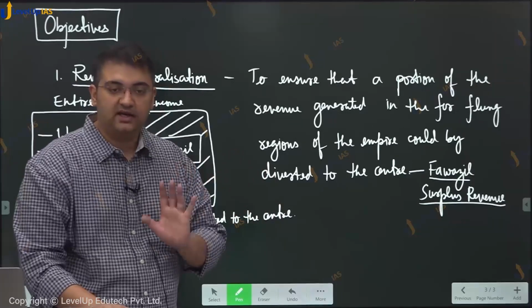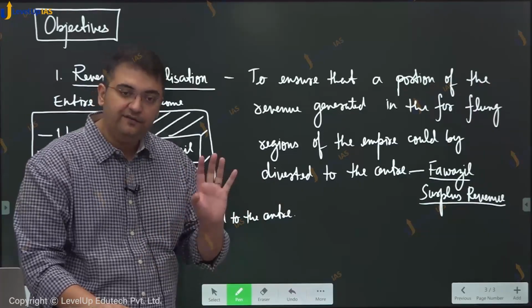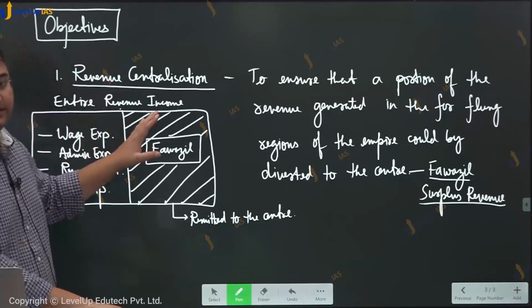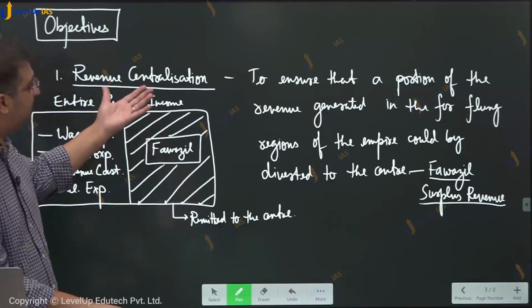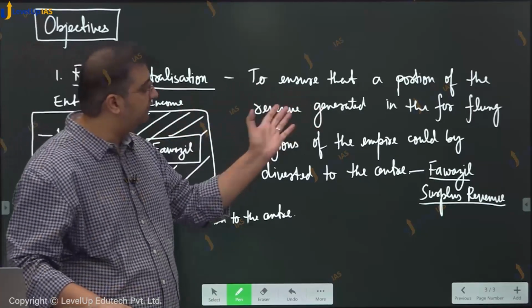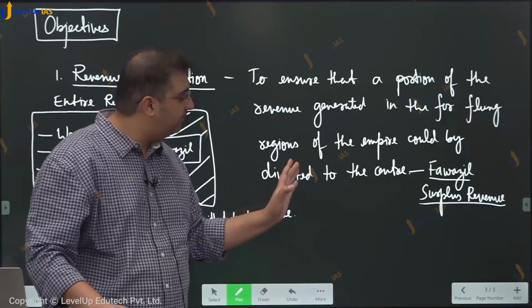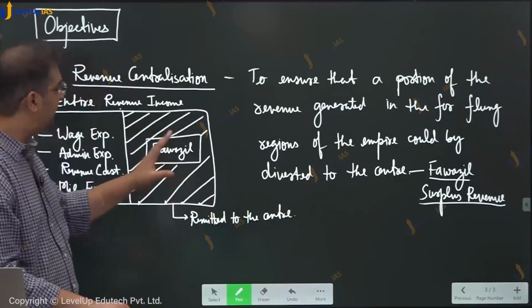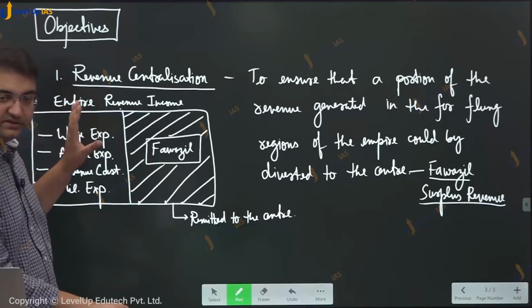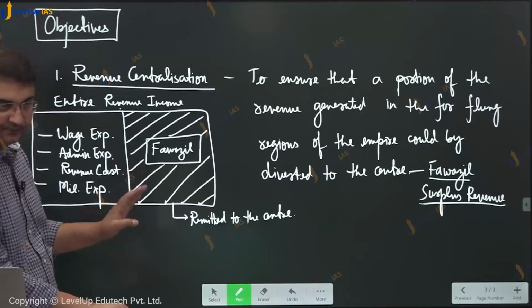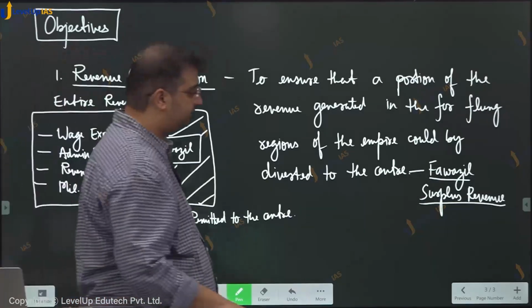Rajput society was characterized and polity was characterized by feudalism, which had the element of revenue decentralization. तो उसको replace करने के लिए, to ensure that a portion of the revenue generated in the provincial regions could be diverted towards the center, this instrument of Iqta was introduced with the element of Fawazil. Clear? एक ये पर्पस था.